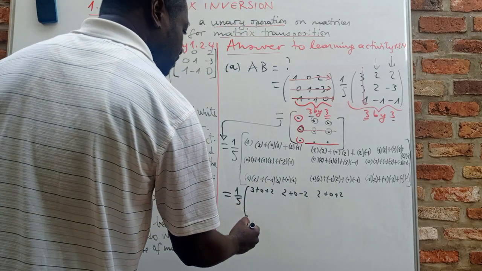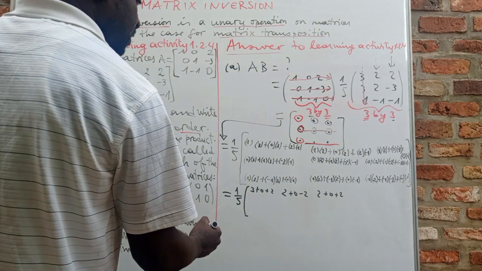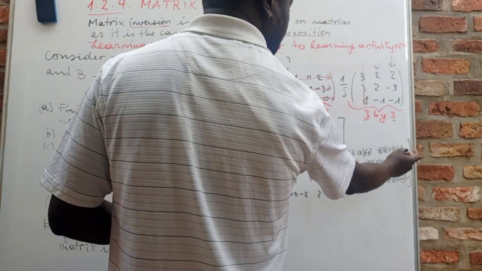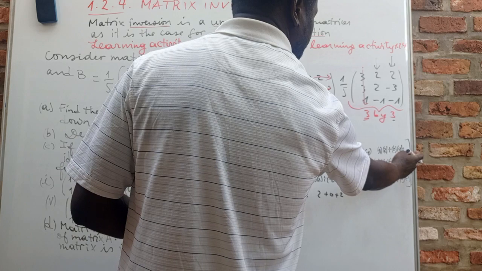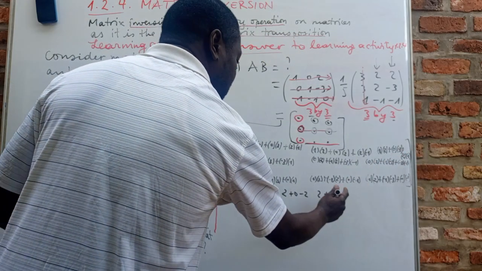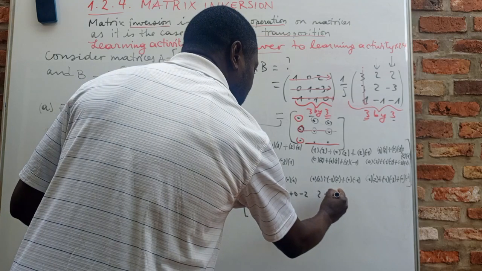And attention, what I'm having here is negative 2, since 2 times negative 1 is equal to negative 2.